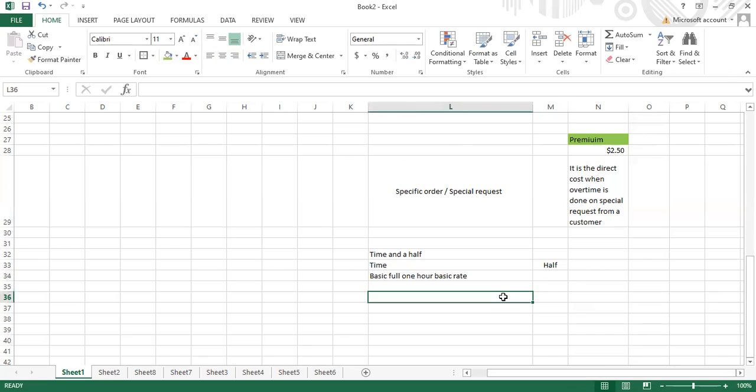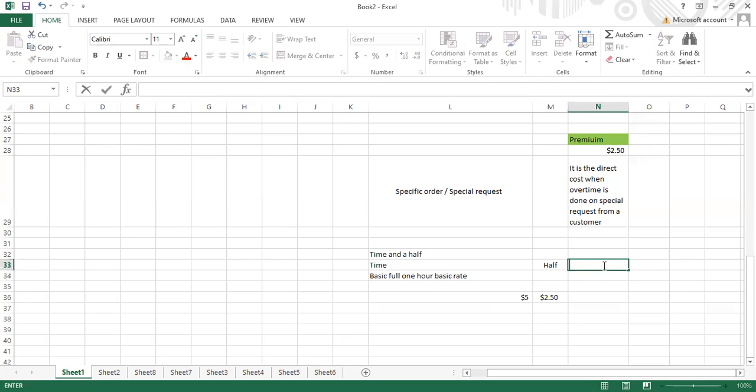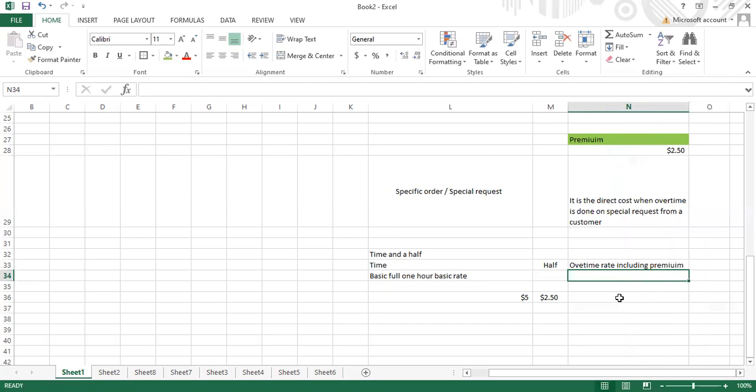Like if the basic is 5, then half of 5 would be 2.5, right? So the overtime rate including premium would be what?